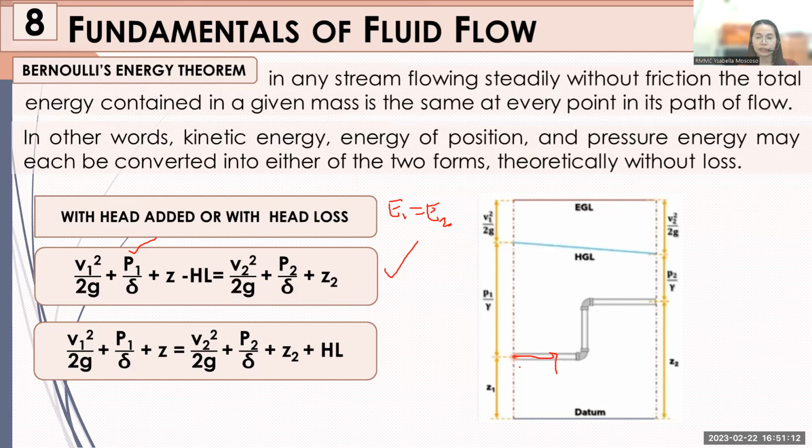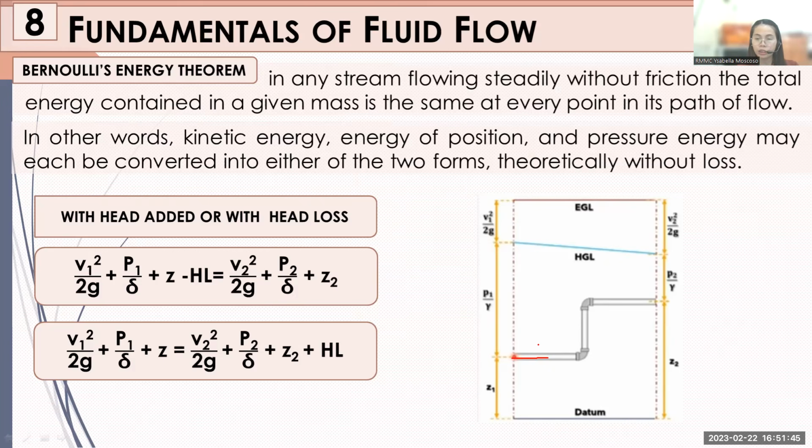Since the pipe is elevated here, we consider velocity head. Since your pipe is at a distance z, or z head, from the datum, you have your elevation head. Okay? Since your fluid is flowing inside your pipe, the pipe walls and the fluid rub against each other. When the two rub against each other, there is head loss.